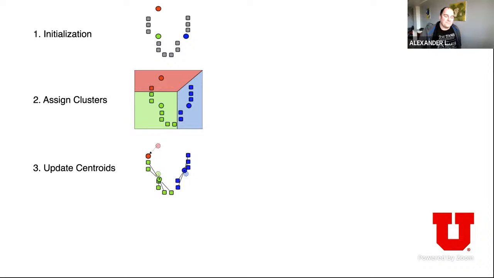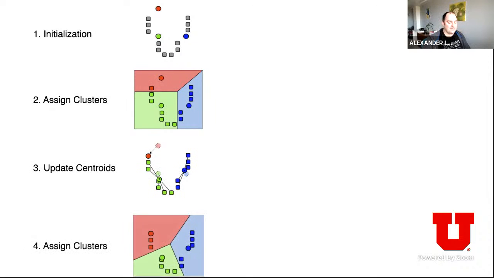Not surprisingly, since I have only a single point, the centroid of the red cluster moves directly on top of that point. The green centroid is moved down a little bit. The blue is moved in a little bit. Now if I go into this again and start assigning clusters, I have new decision boundaries. Based on these new decision boundaries, I will assign the elements to different clusters.